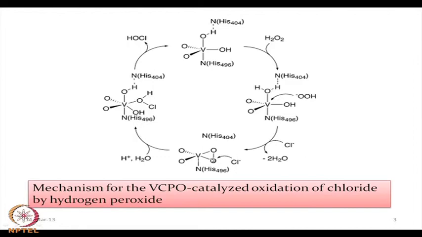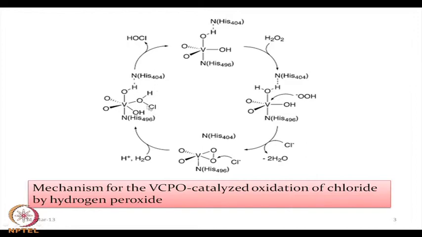So, in a single step, the vanadium peroxo compound is getting cleaved by the attack of Cl minus in the presence of proton as well as the water molecule, and we get this particular intermediate followed by the peroxo intermediate, where hypochlorite is in the form of hypochlorous acid, HOCl.